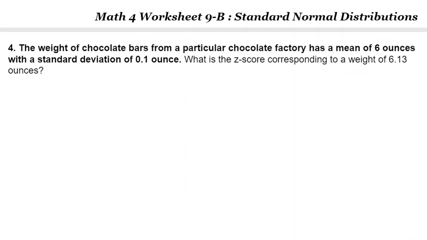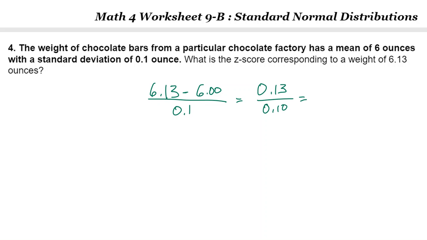Okay, we have a chocolate bar with a weight of 6.13. And then 6 ounces is the mean with a 0.1 ounce deviation. That's going to be 0.13 over 0.10, which you multiply the top and the bottom by 100, you get 13 over 10, which is 1 3/10.